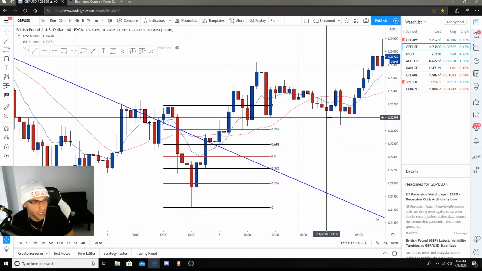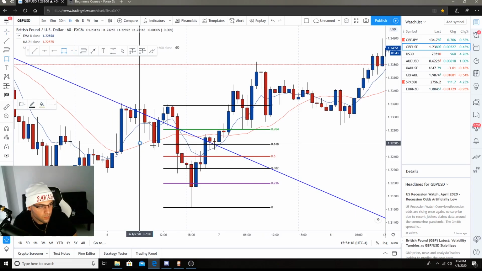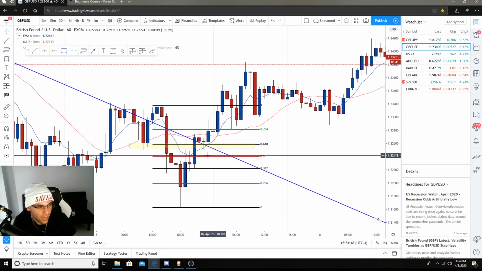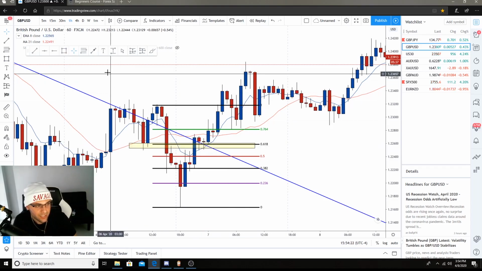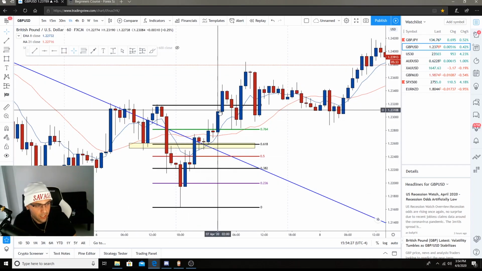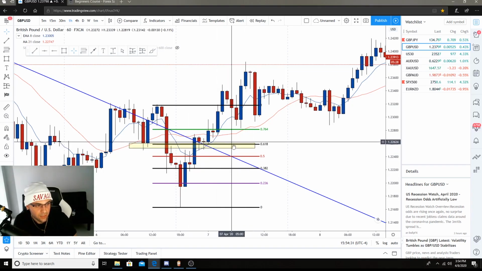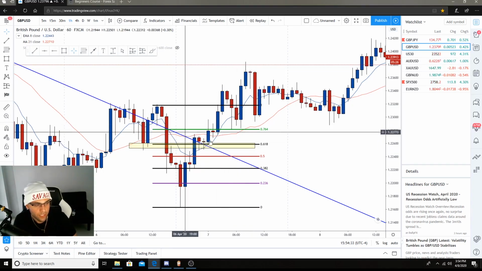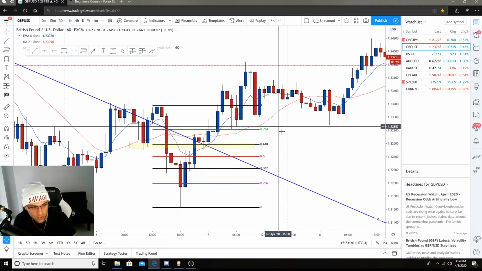As you guys can see, this setup had a form of support right here, and now it became a newfound resistance. We have this trend line still here, which was broken above. Price came back up, broke above our support, making this a found resistance. Now you're breaking above and retesting your trend line, and this trade isn't a short anymore. Boom, it starts to go up.